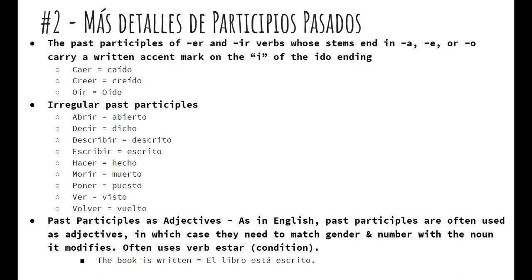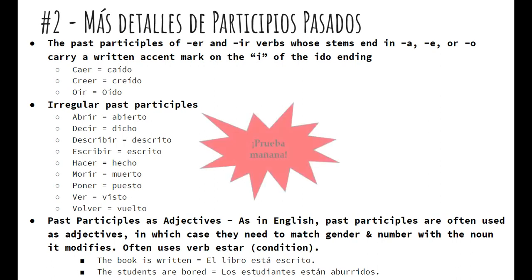El libro está escrito. Or the students are bored, right? We looked at that as an adjective for condition. Los estudiantes están aburridos. So it's just often the case where these past participles can be used as adjectives, in which case they need to match gender and number with the noun. And often they do use estar, though that's definitely not a rule by any means.